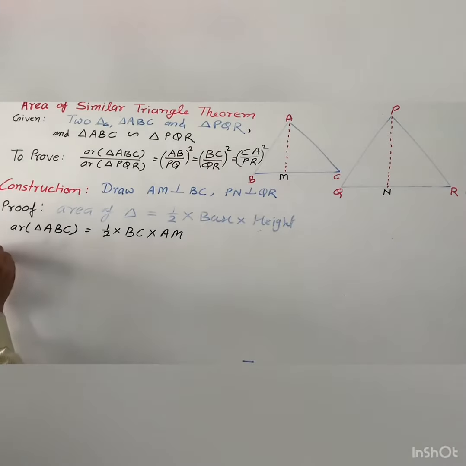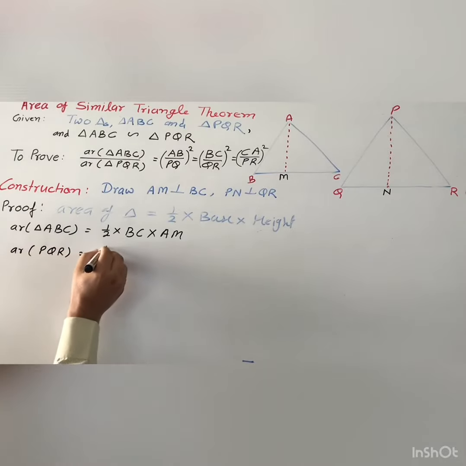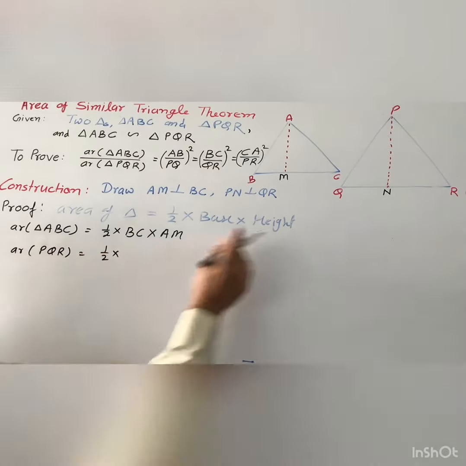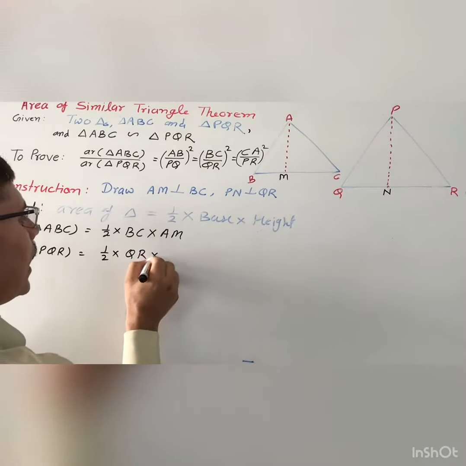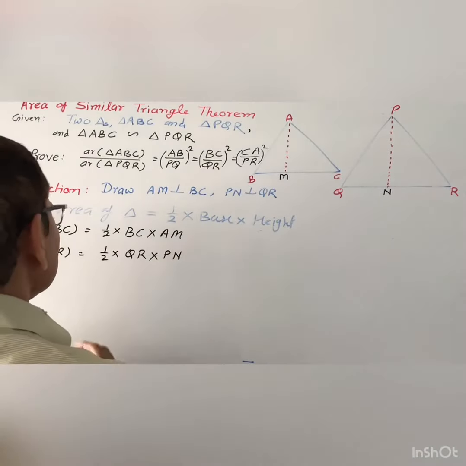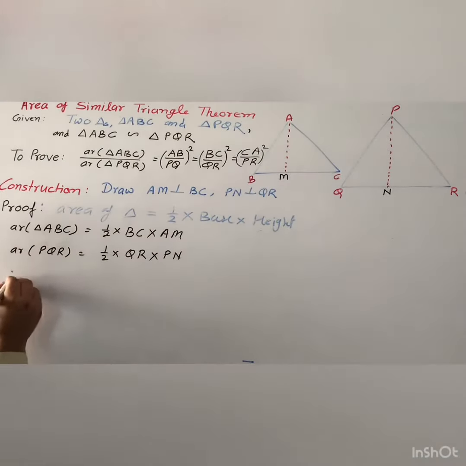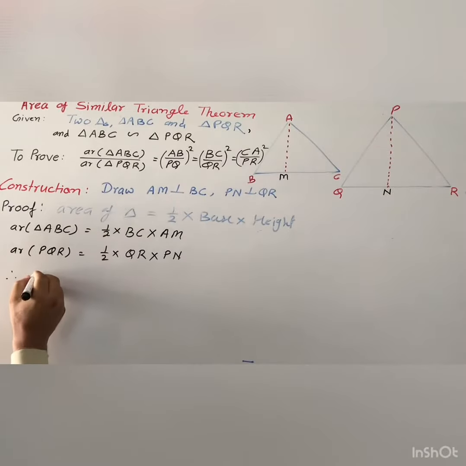Now area of triangle PQR is equal to half, base here is QR and height is PN. Therefore, according to the requirement, we will find the ratio.